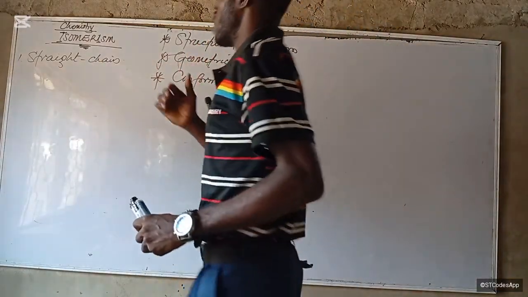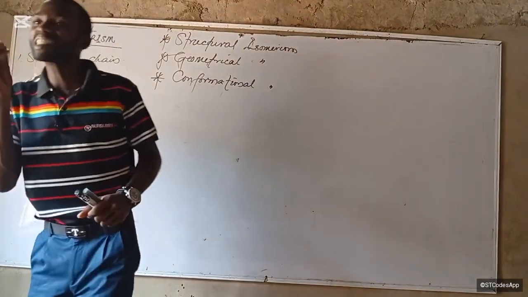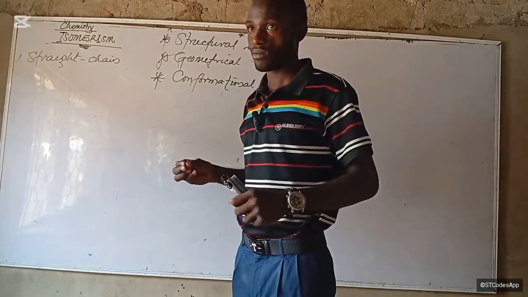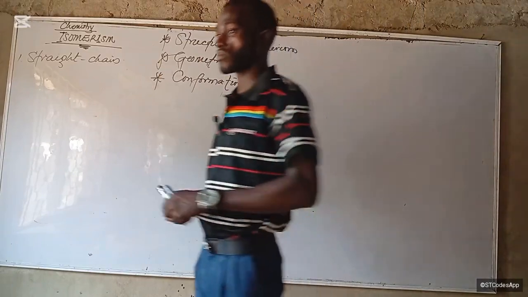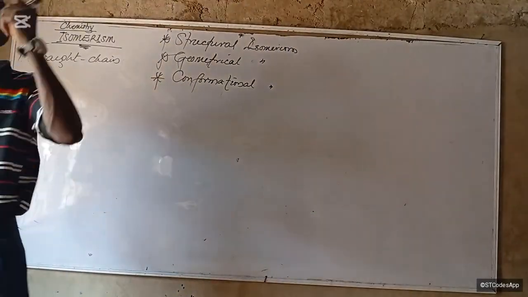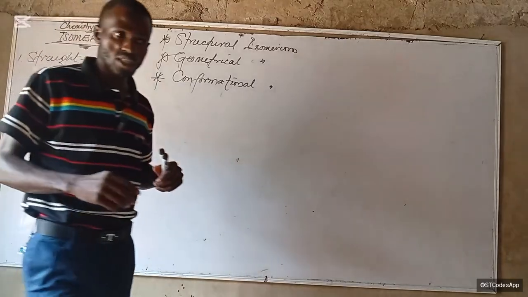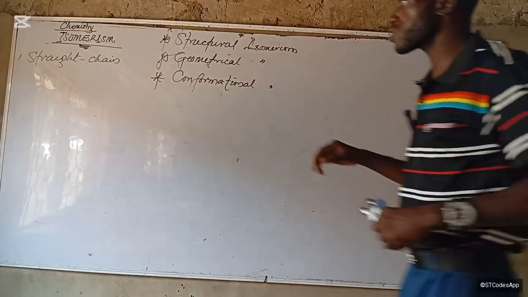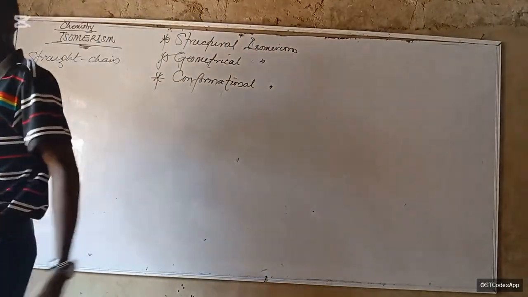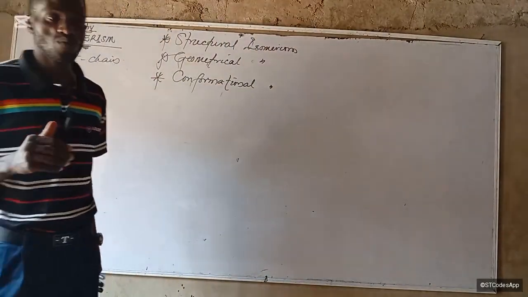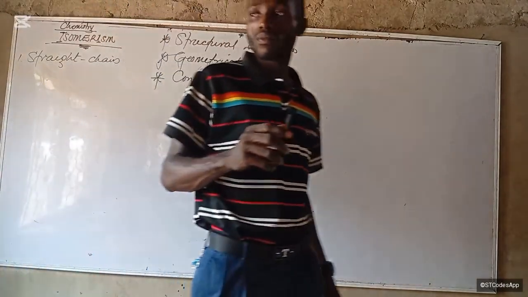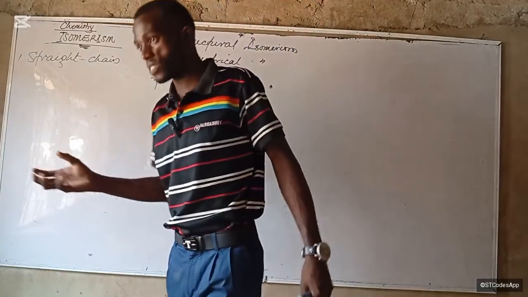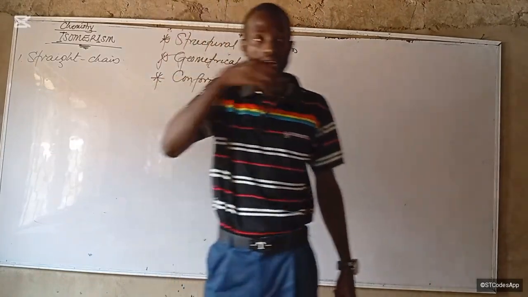Now, in straight chain isomerism, isomers differ in the arrangement of a unit around the carbon chain, along the carbon to carbon chain.